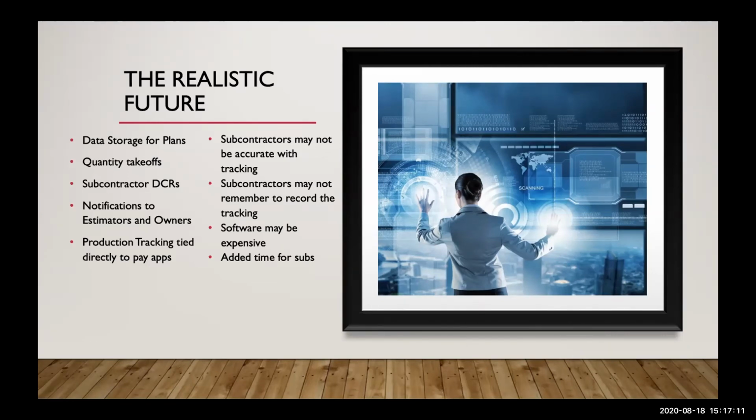One idea one of the project engineers on my team came to me with was that production tracking should be tied directly to pay apps. If general contractors bid jobs and take bids based on someone saying, okay, we can get this done in 4 months, now, if 2 months in, they only have a quarter of the work done, should we have paid them for 50% of their bid, or should we be paying them for 25% of their work completed?